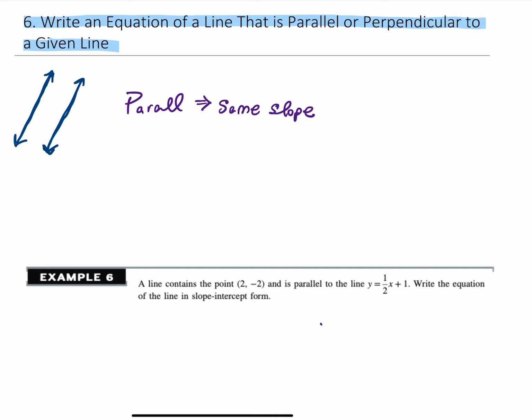And then if two lines are perpendicular to each other, so they have a right angle, they meet at 90 degrees. Remember, perpendicular lines, their slopes are negative reciprocals of each other. And I'll give an example.